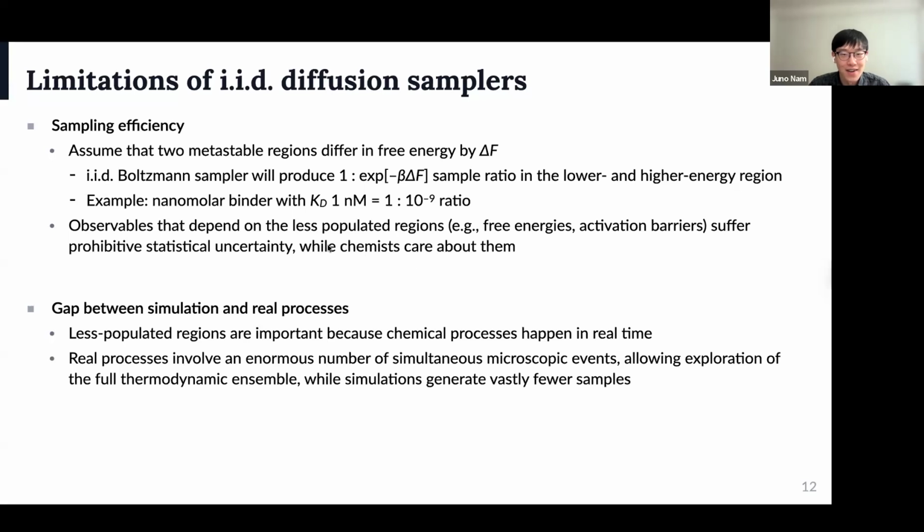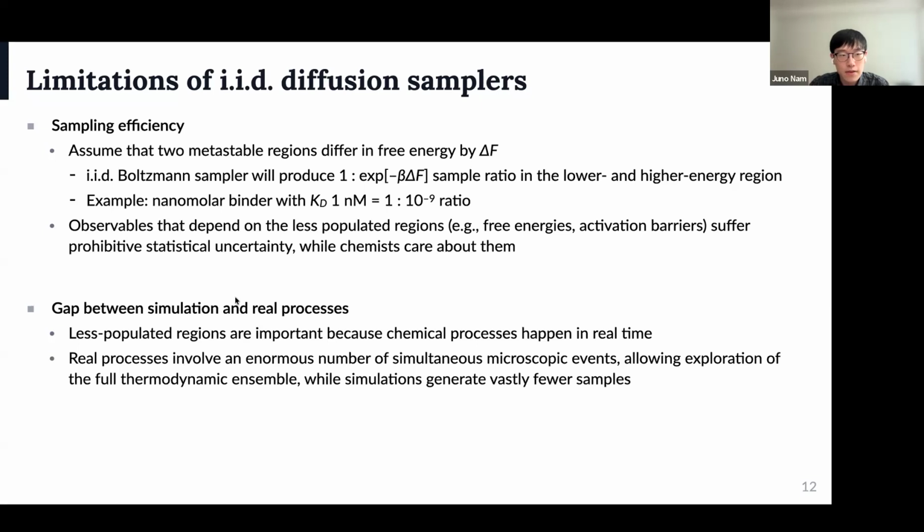So the physical processes can explore the full thermodynamic ensembles, including the much less populated regions. But our simulations are bound by the time steps that we can take during simulation. For example, when we run molecular dynamics simulations, usually what we can afford is up to a few microseconds of simulation.